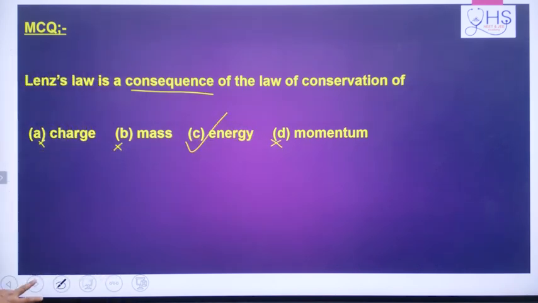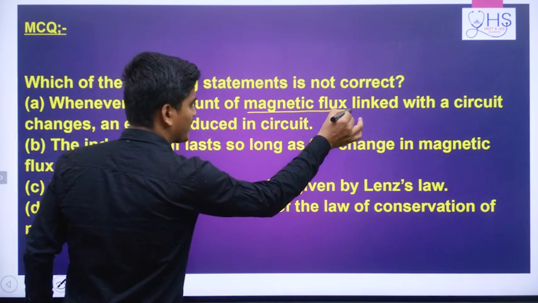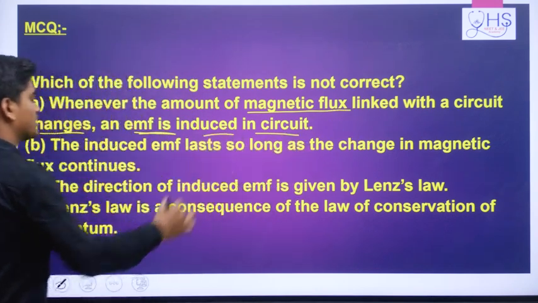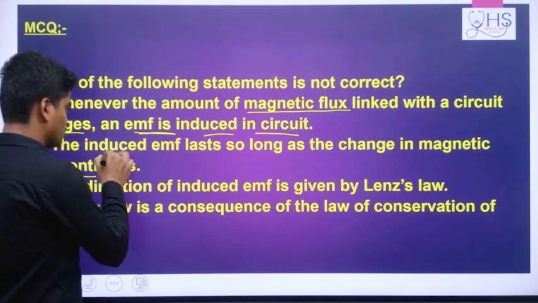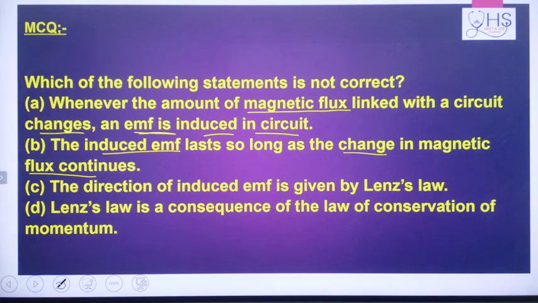Now which of the following statements is not correct? Whenever the amount of magnetic flux linked with a circuit changes, an EMF is induced. It is correct. The induced EMF lasts as long as the change in magnetic flux continues, yes. That is also correct.